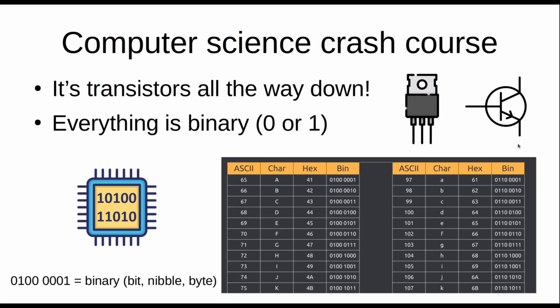And so just like a mechanical switch, a transistor has basically 2 states. It can be off or on. It can conduct electricity or not. And the lamp would be on or off.